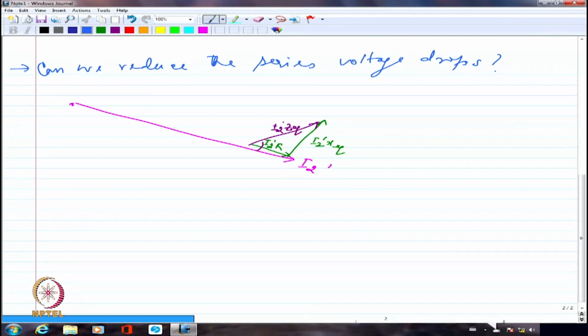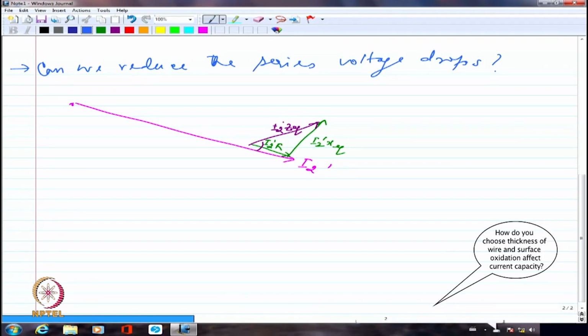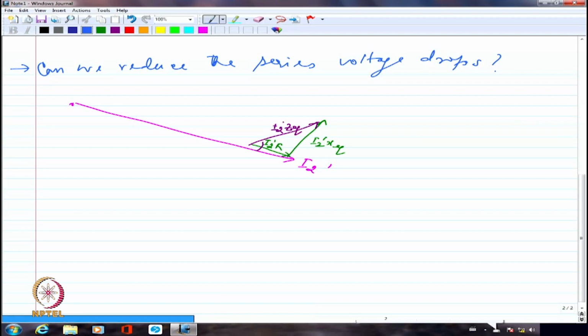So resistance, yes. Ma'am, what happens with copper if you use that? See, basically it gets oxidized, definitely. And when it gets oxidized, unless you remove the oxidation portion, the resistance will not decrease. Current is flowing inside the copper, not on the upper surface.